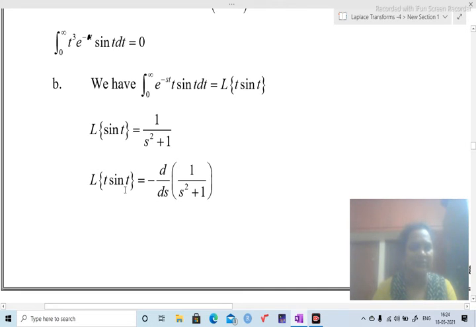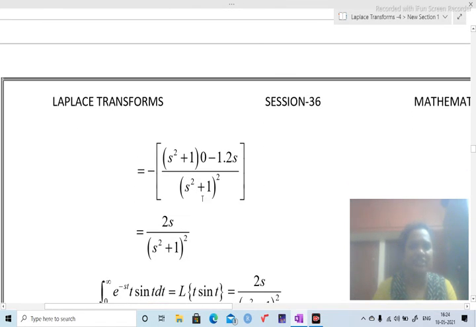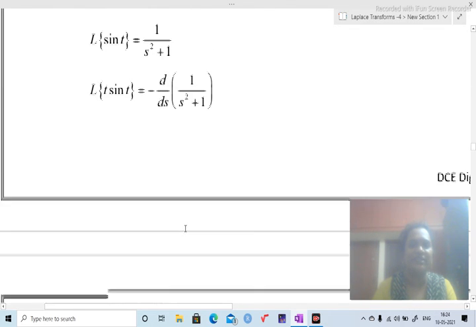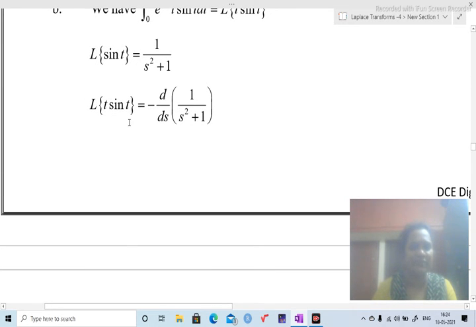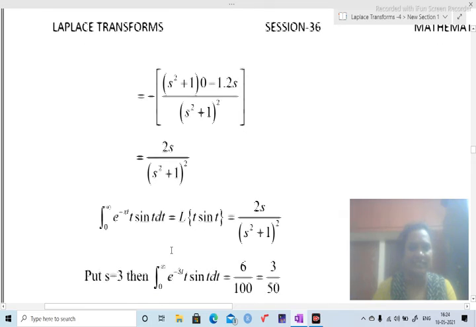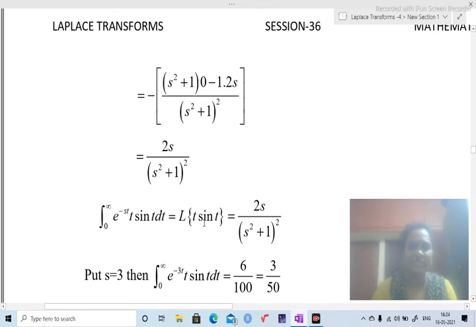So the Laplace transform of t sin t equals minus d by ds of 1 by s square plus 1. Differentiate by using u by v. Then I get the Laplace transform of t sin t as 2s by s square plus 1 whole square.